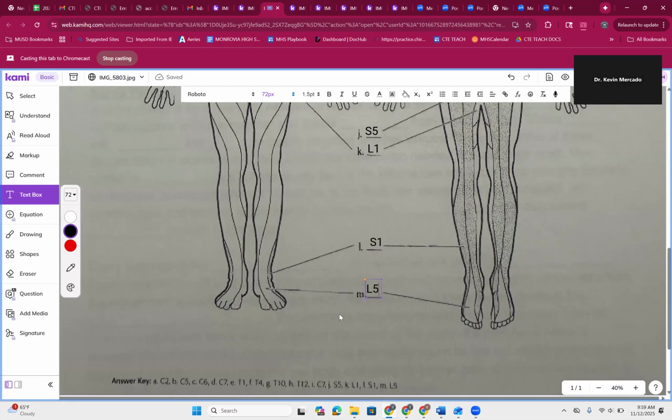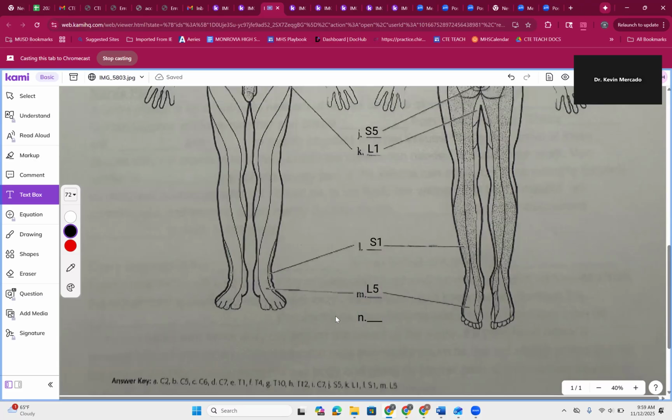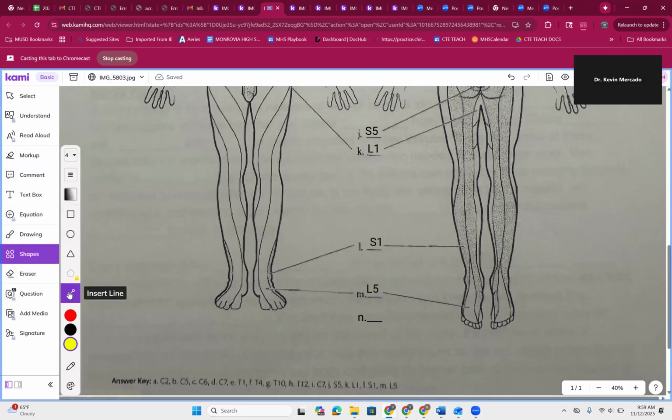And then we're going to add one. So N is going to go, whoops, and basically points to the big toe.